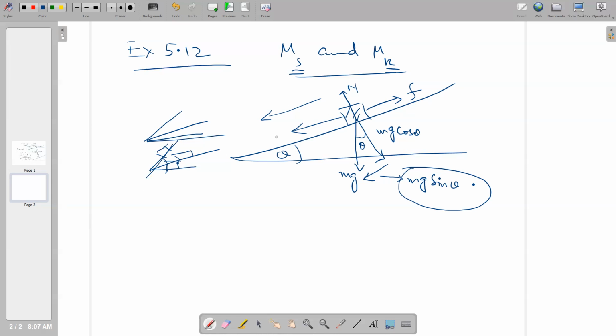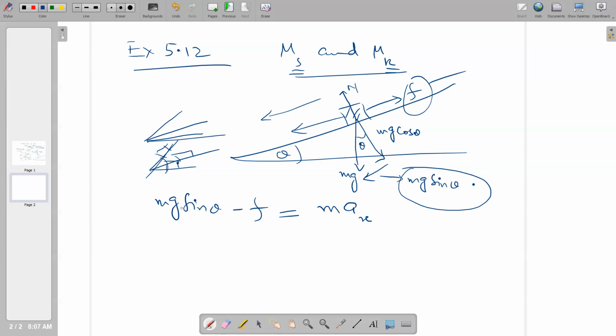When the block starts to move, the frictional force is opposite to the motion of the block. So we can write the equation. The downward motion is mg sin theta minus the upward force, minus F, and this is equal to the net force, and net force is max because it is along the x-axis. So this is one equation.